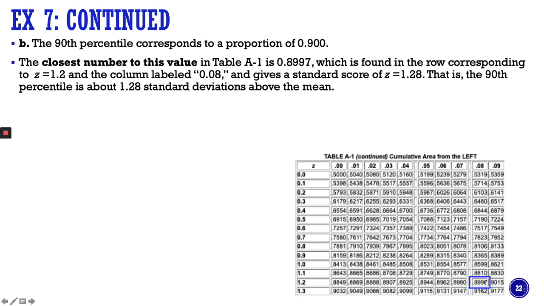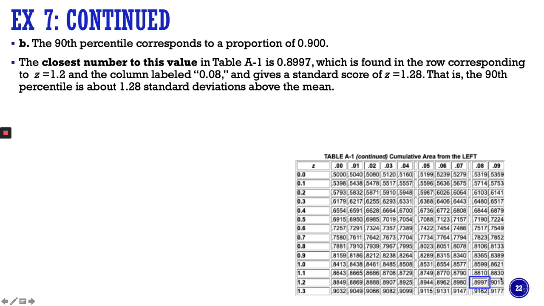So here we're looking at finding the percentage. And when you're looking for that, you've got to find the one that's closest to it. This one says 0.9015, so that's 0.0015 above 0.90. And this one is 0.8997. So when you're looking at this, you're only missing 0.0003, and this is 0.0015. So this one is closer to 0.90 than this one.